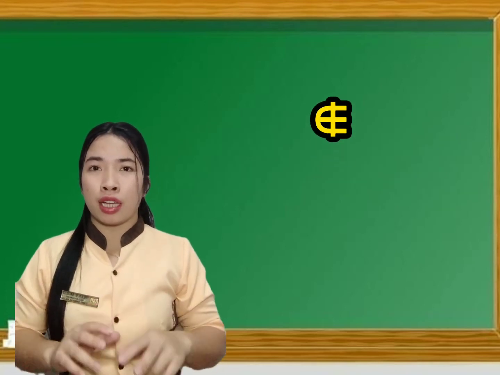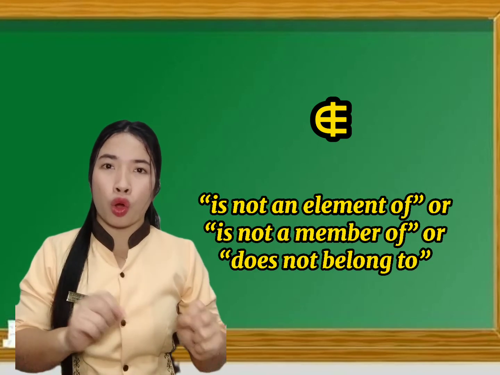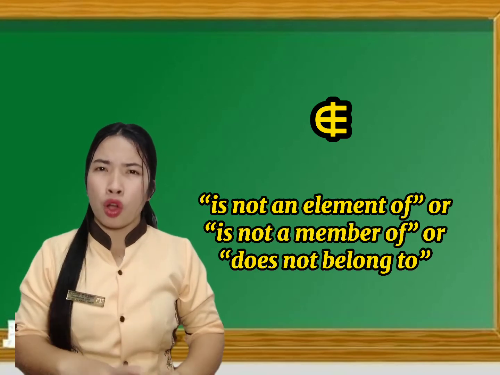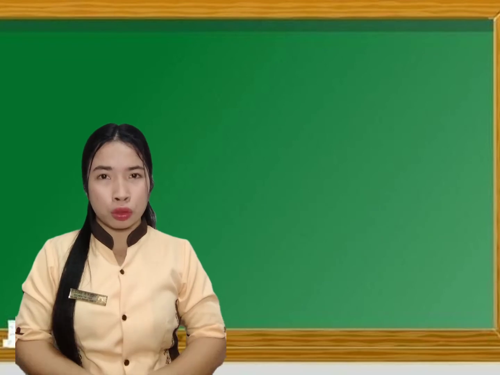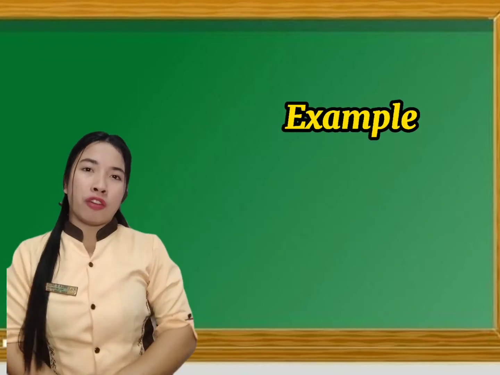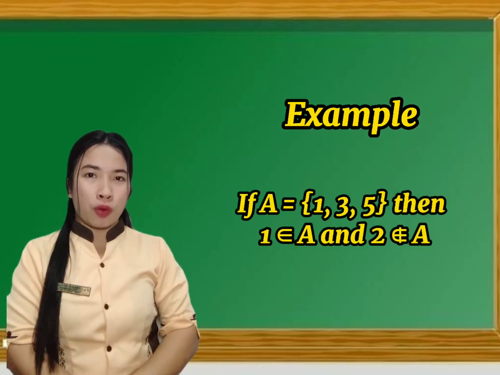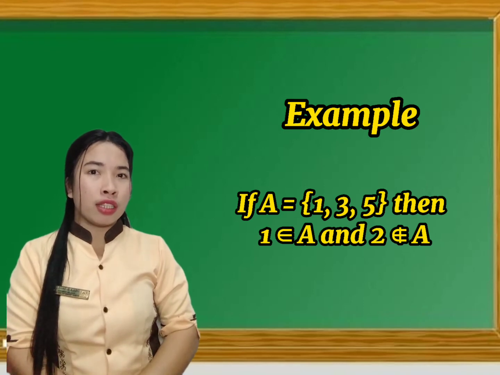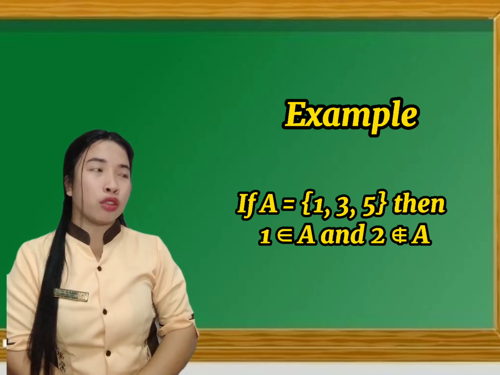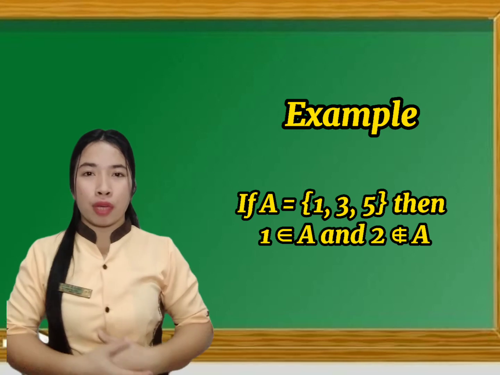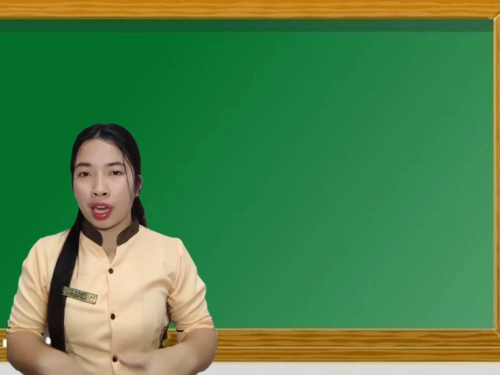This other symbol means is not an element, or is not a member, or does not belong to. For example, if A is equal to 1, 3, and 5, then 1 is an element of A and 2 is not an element of A.